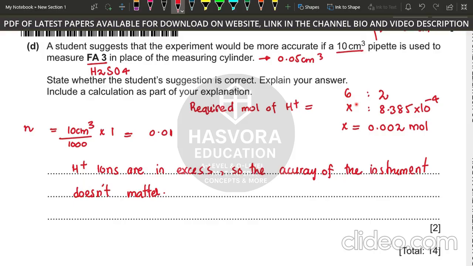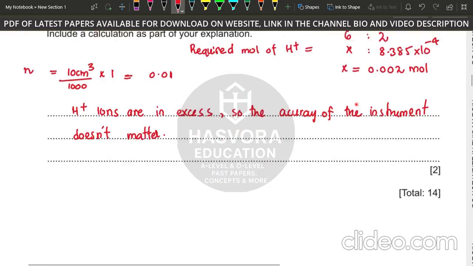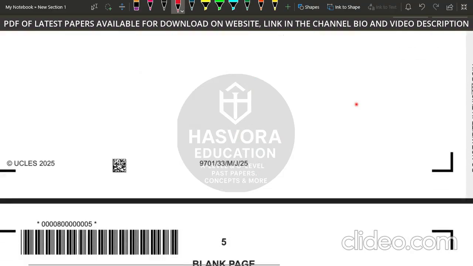For example, if you do not measure it, you just add it, so that's the point. So that is in excess, so the accuracy will not matter. It will not affect your calculations. So that was the answer for this.